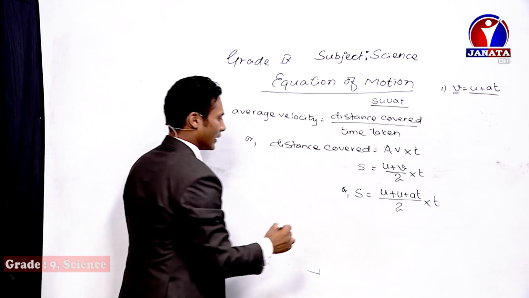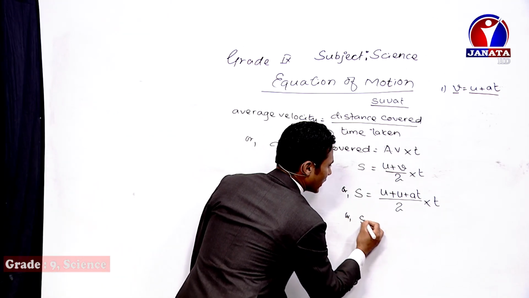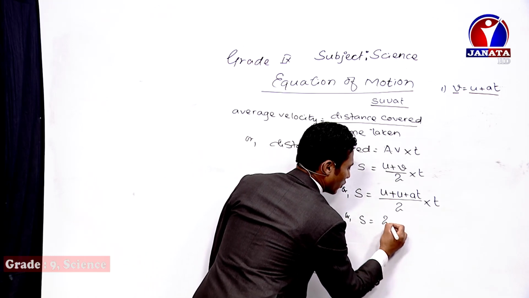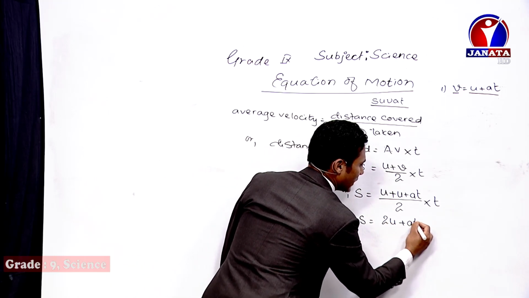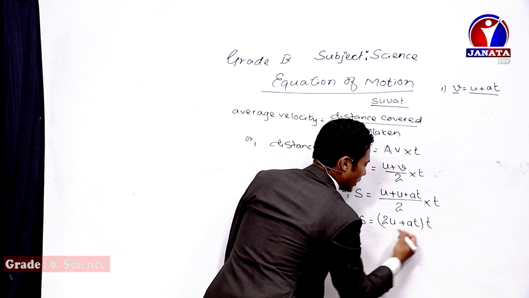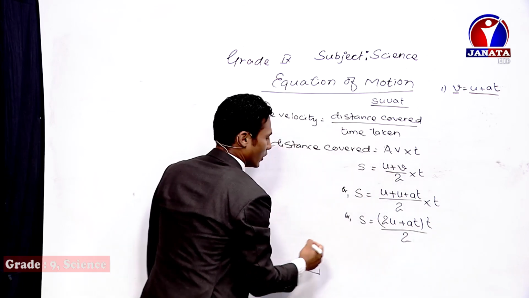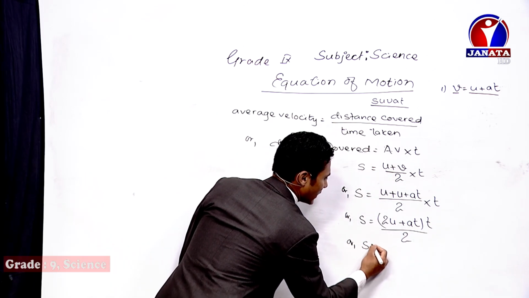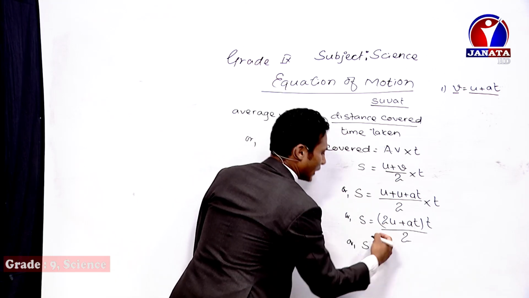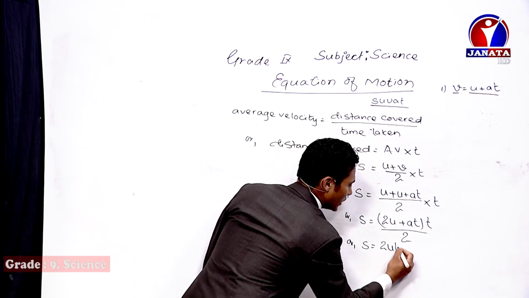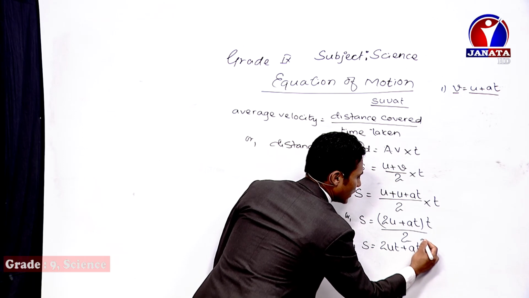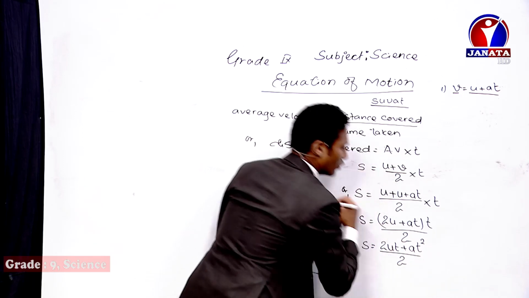Let's simplify this: s equals u plus u is twice u, plus at, multiplied by t divided by 2. Further simplification: s equals 2ut plus at square divided by 2.